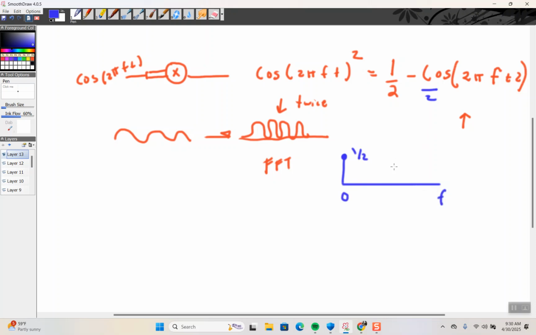I get half, and then I get half at 2 f0. I'm just going to call that f0, right? And so if this is perfectly a half at 0, and this is perfectly a half here, then that multiplier is working, right?